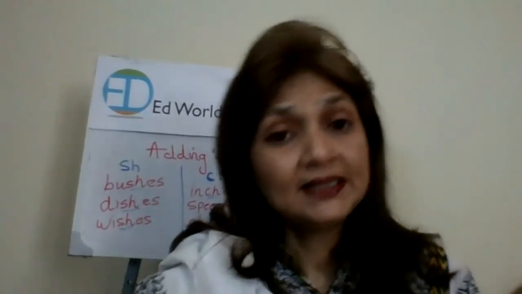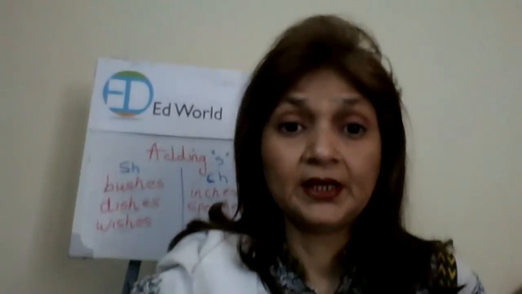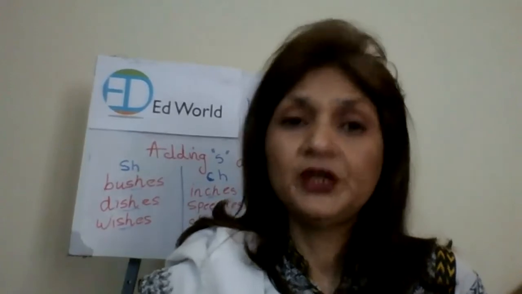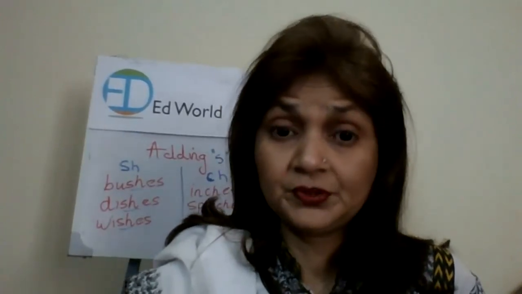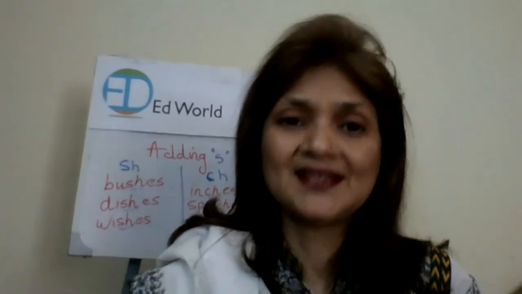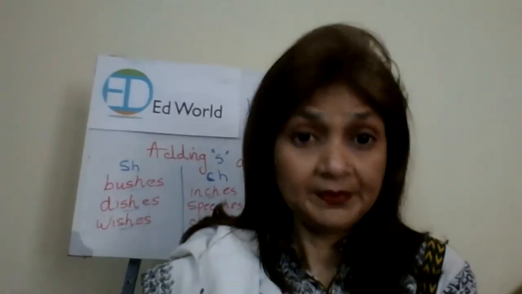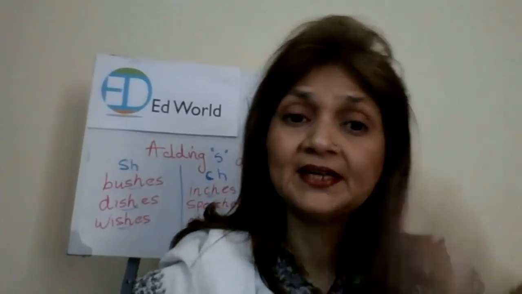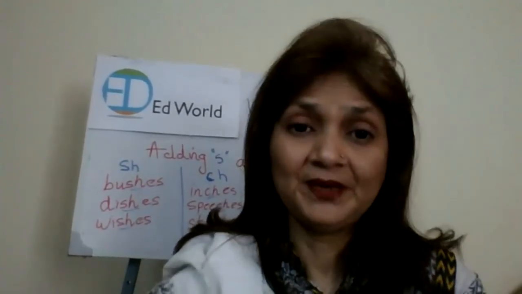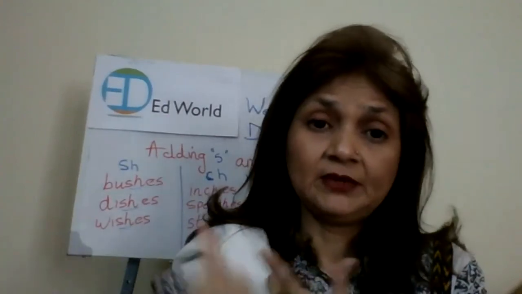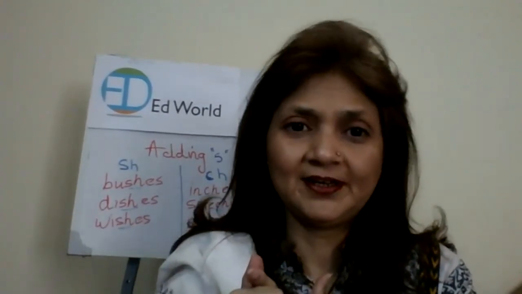You have added es. All right. Okay. Dress. Dresses. So what have you added? Es. Correct. Window. Windows. What have you added? You have added just S. Wow, great. Okay, cupboard. So what have you added here? You have added only S to make cupboards. Great job, class. Very good. That means the singular and plural with S and with ES is very clear to you all.